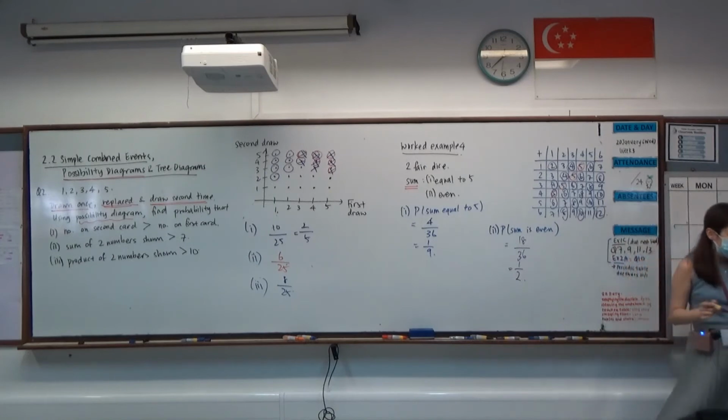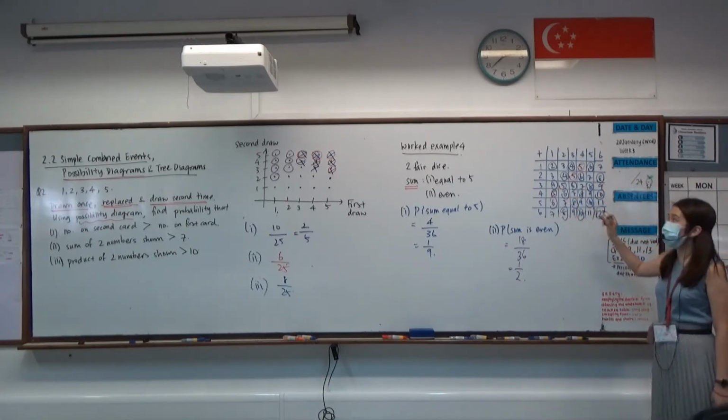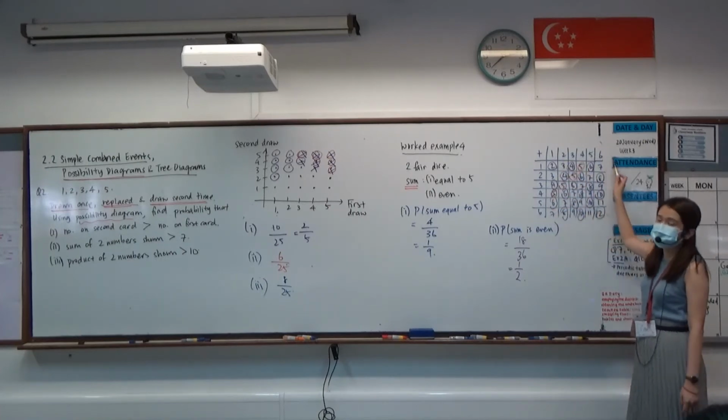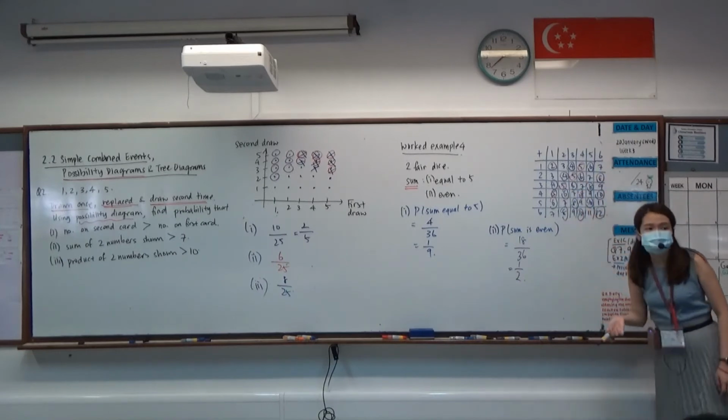That will be half. Do not take for granted that when it comes to even and odd numbers, that it will always be half of all the possible outcomes over here. Because it really depends on what kind of numbers you're adding up. Okay, if you're not adding up same set of numbers, then surely it will not be half.